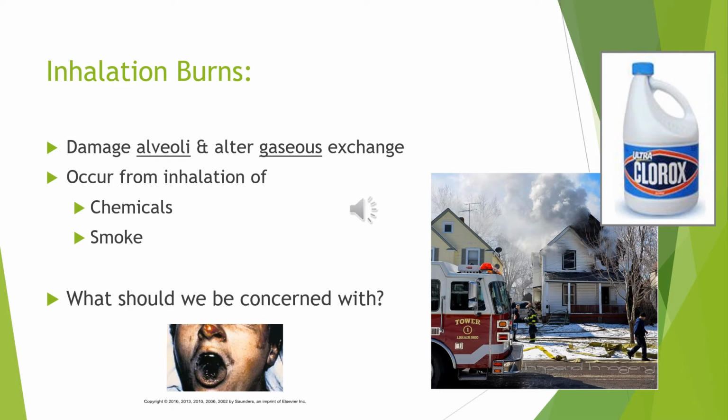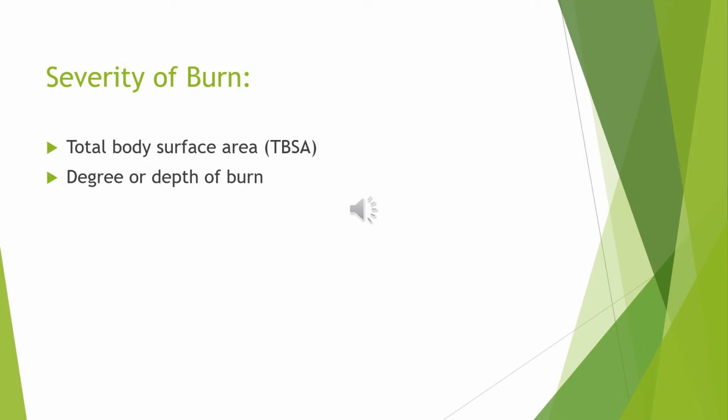If you look at page 489 in your book, it does have a nice chart of emergency management of these particular burns, so you might take a look at that page also. The severity of burns is based on the total body surface area, known as TBSA, and also the degree of depth of the burn.